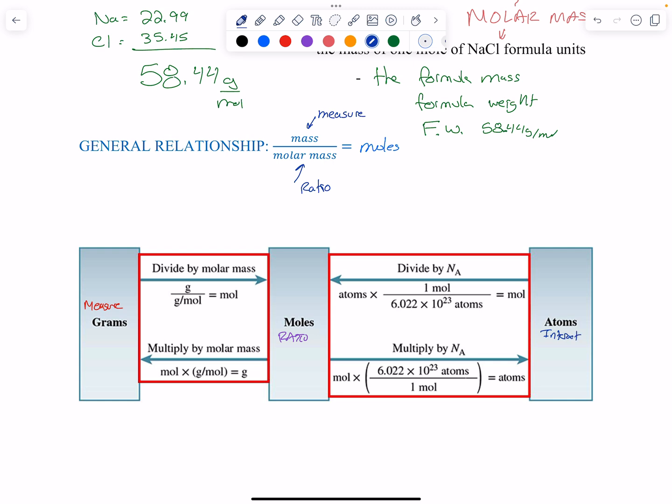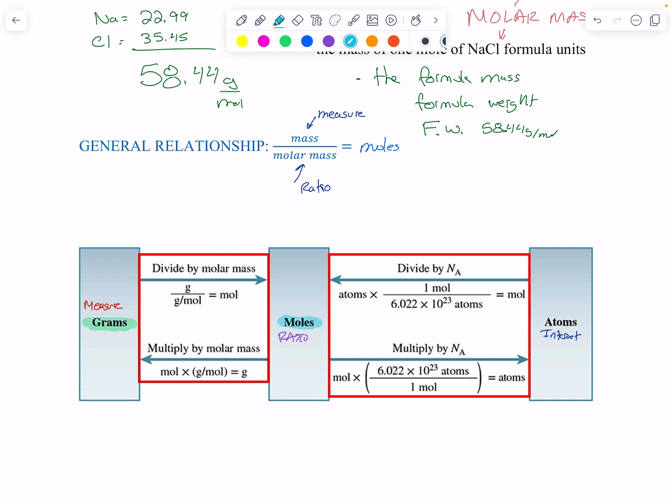And so a lot of times we are going to measure the grams and calculate with moles. A lot of times we will not go to atoms, right? It's not worth it because I can just work in, like, dozens. That's the chemist's dozen, you might have heard. We're just going to work in the moles.